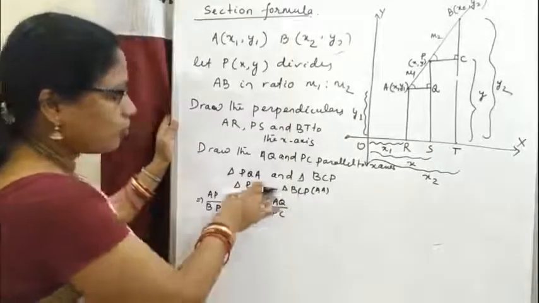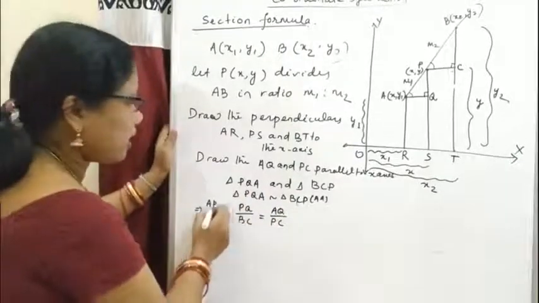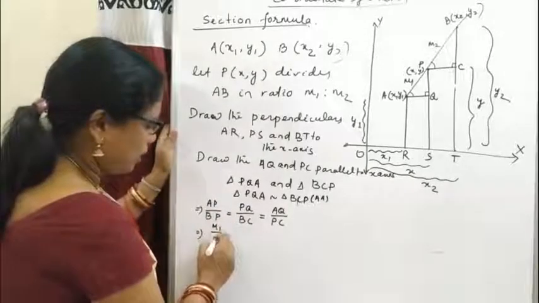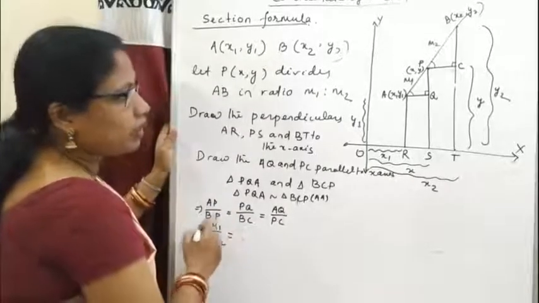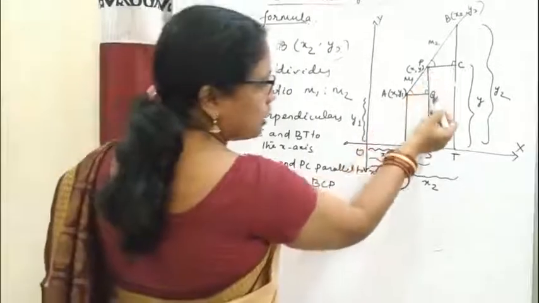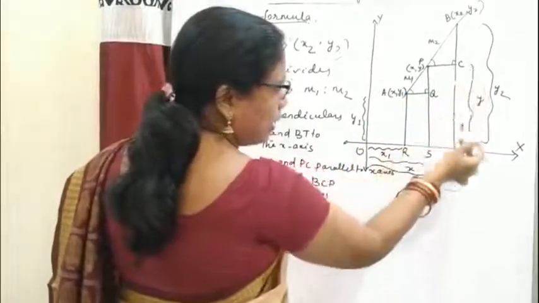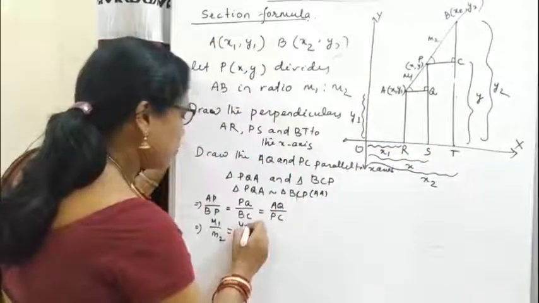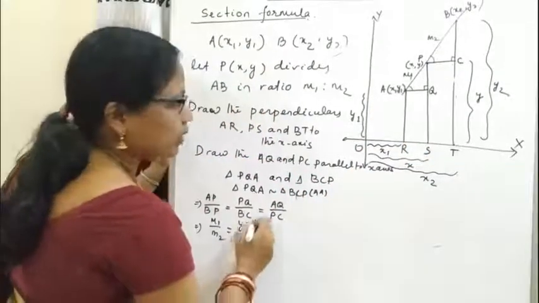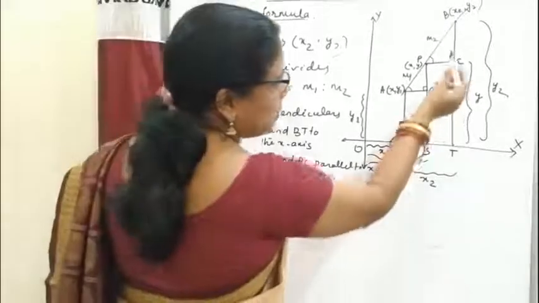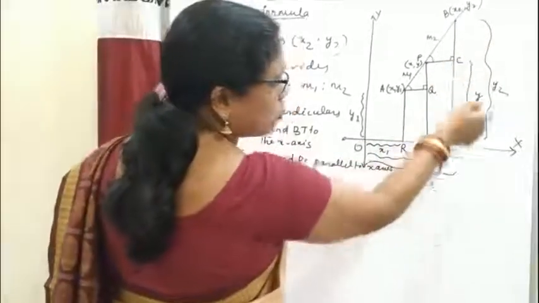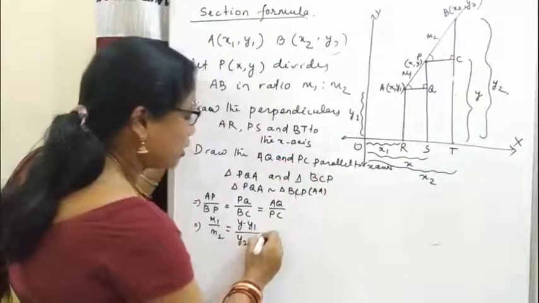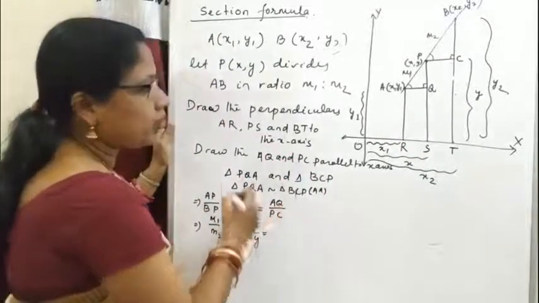So now we will put the values. What is AP by BP? This is equal to m1 by m2. What is PQ? PQ means y minus y1, divided by BC. What is BC? BC is y2 minus y, which is equal to AQ by PC.